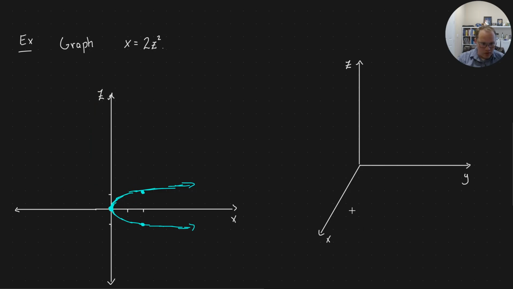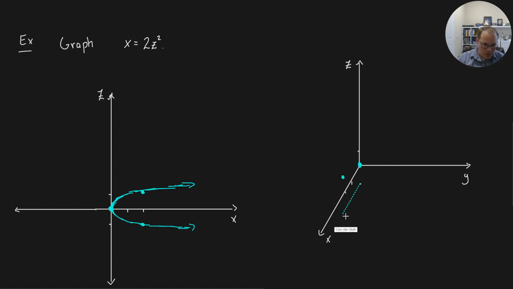And so I'd get something like this. So vertex at the origin, if I go up 1 or down 1, I'd go over 2. So I'd go out this way to about there, right?